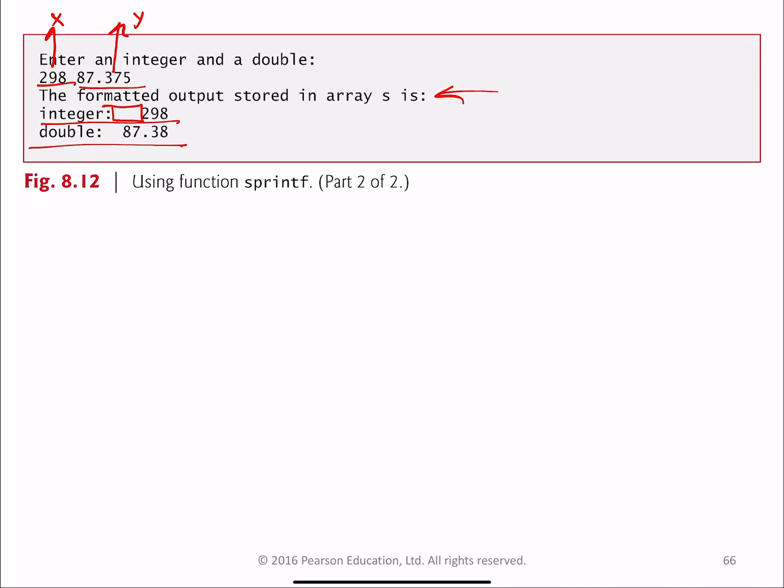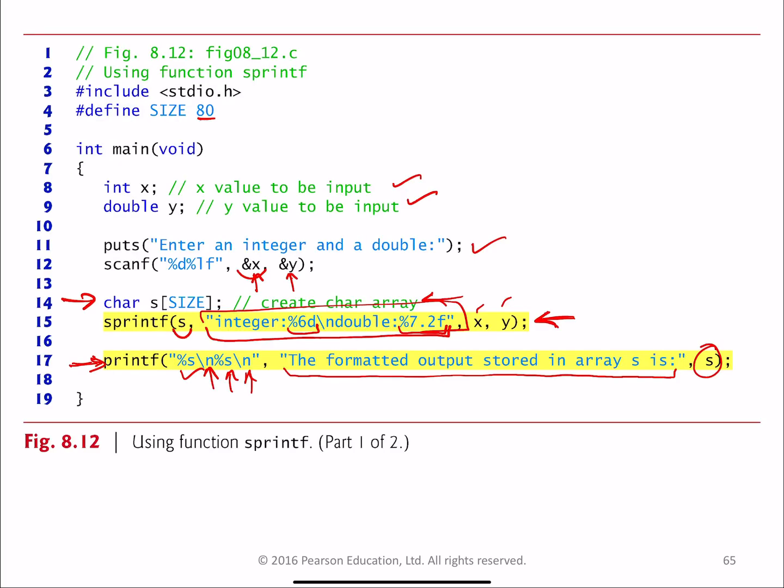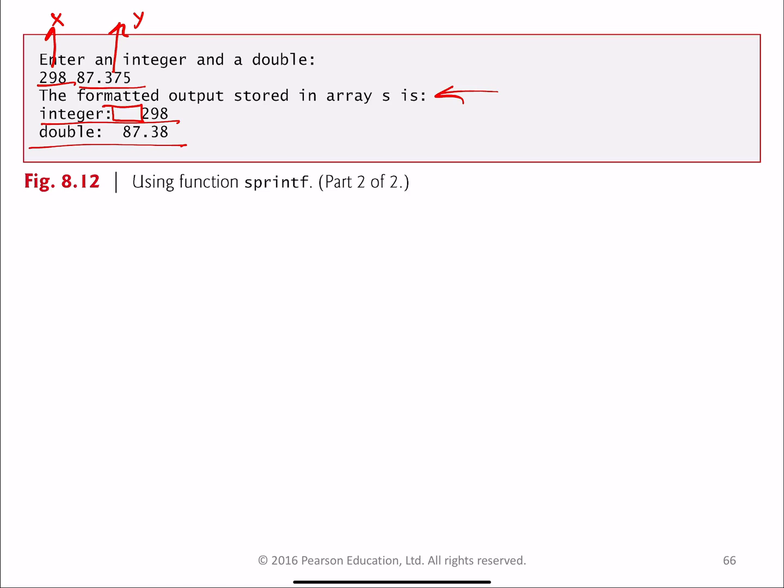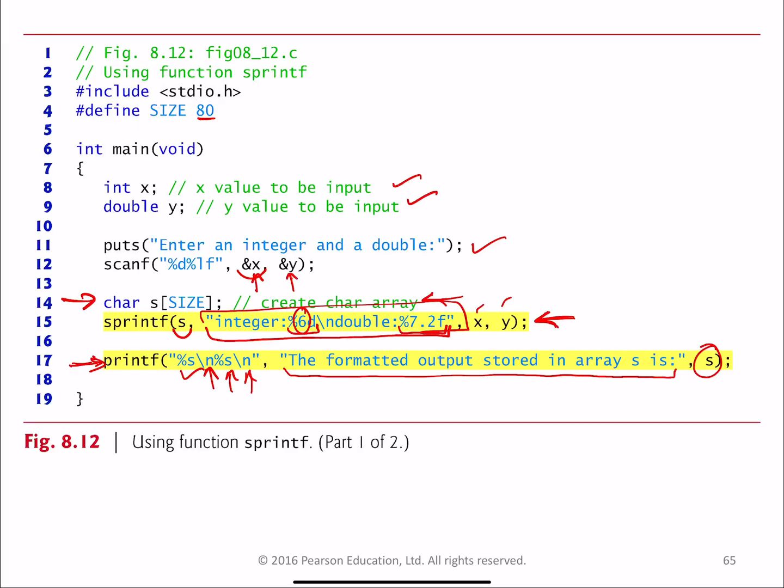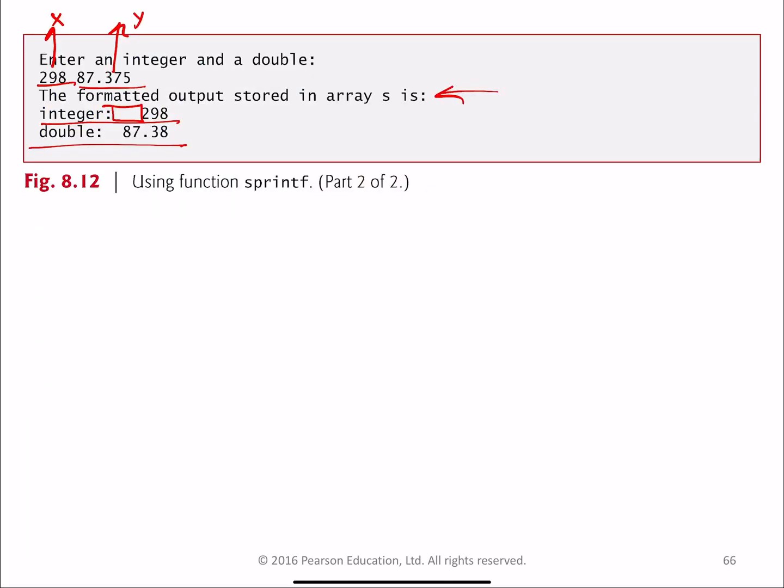Notice the number of spaces in front of 298. That's because we specified it to be a 6-digit decimal number. And the double is specified as a 7.2 number, meaning it should be 7 digits with 2 decimal digits after the decimal point.